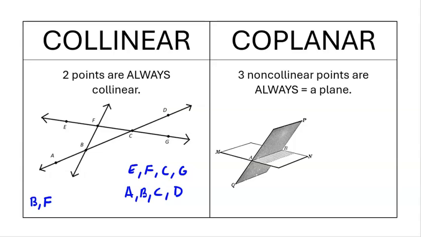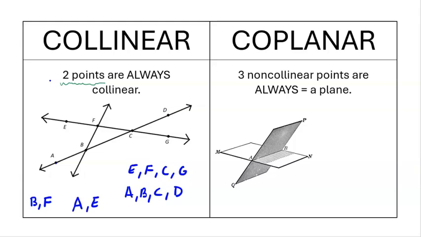However, if I were to ask you about A and E and ask you if they were collinear, even though we don't see the line there, I know that I could connect those 2 points with a line. So anytime someone is asking you about just 2 points, they're always going to be collinear, because I know that I could connect those two with a line.